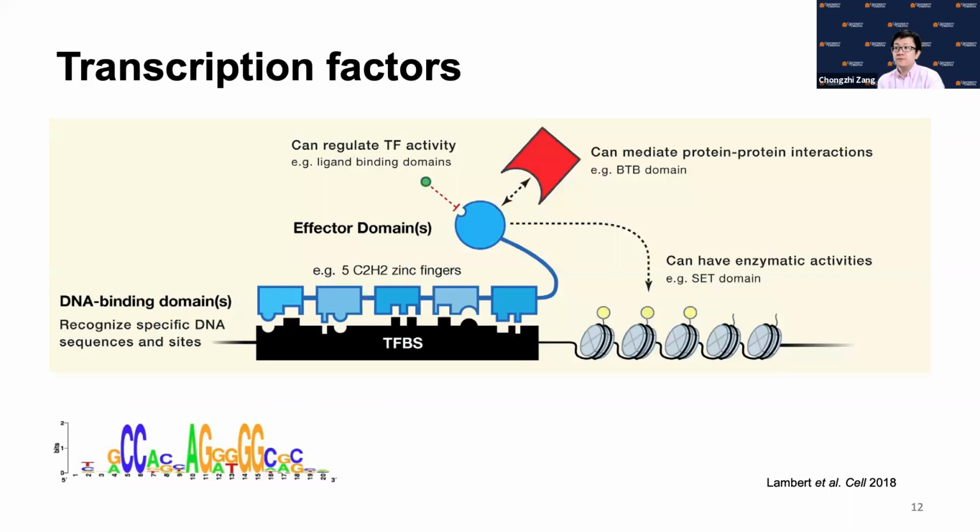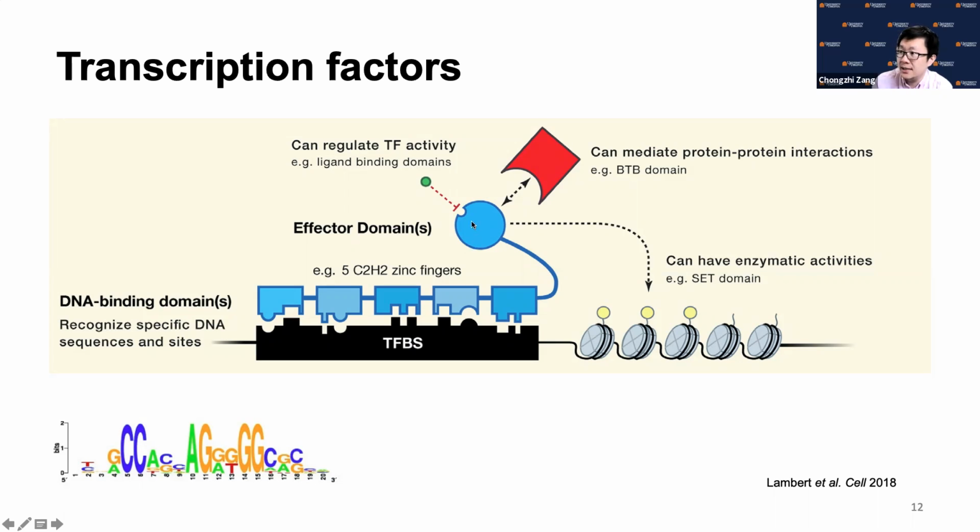In order to have this function, a transcription factor usually has two different domains in its protein structure. One is the effector domain. The effector domain plays the role in transcriptional activation, in which it can regulate transcription factor activity by binding and receiving signal from a ligand.